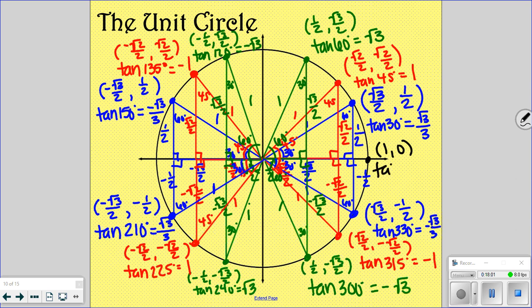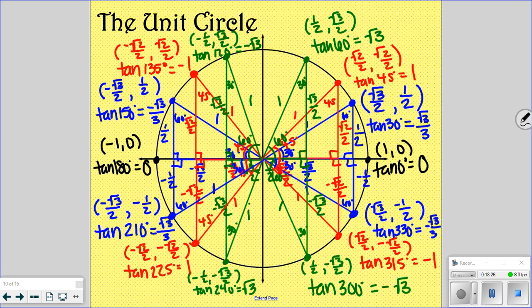And then the tangent is sine over cosine. So 0 divided by 1 is 0. So that's one quadrantal angle. We're going to come over here and do 180. So this point is negative 1, 0. And the tangent of 180 degrees is 0 over negative 1, which is again 0.